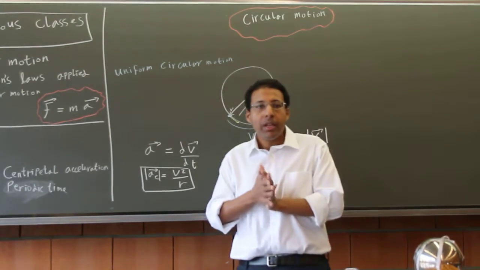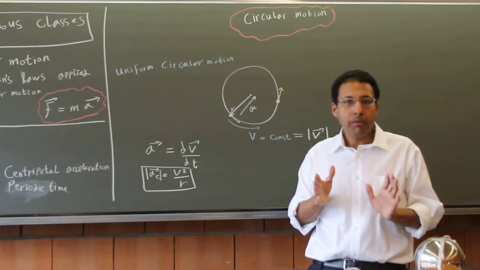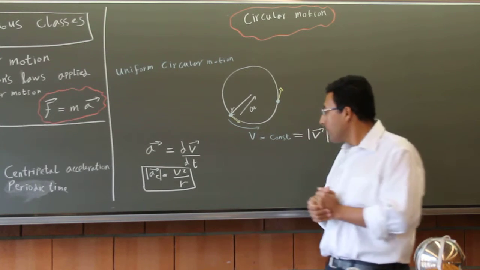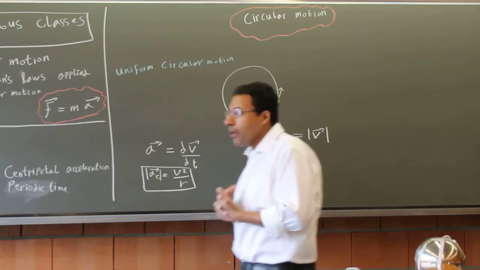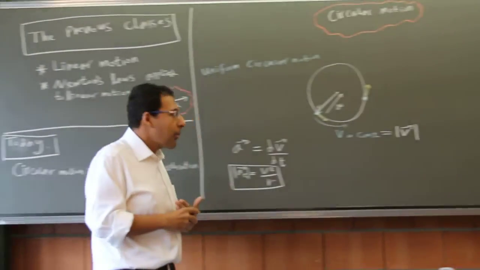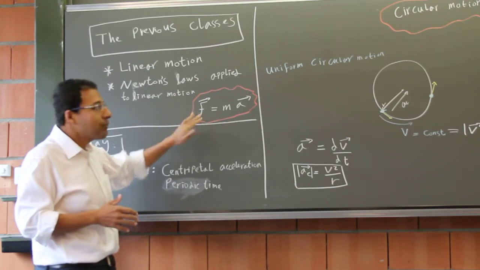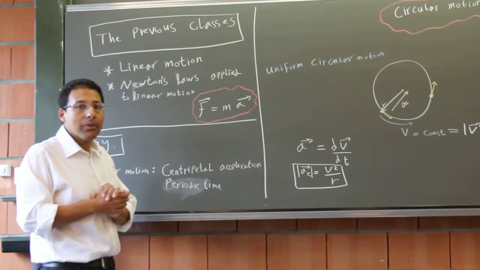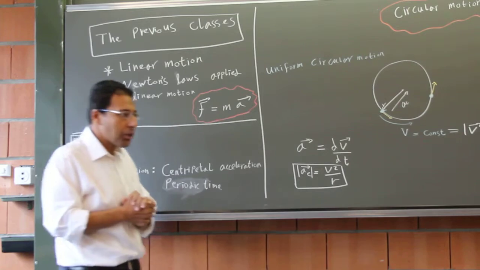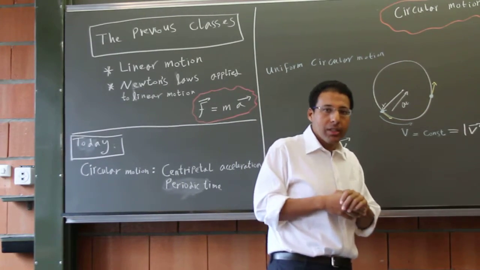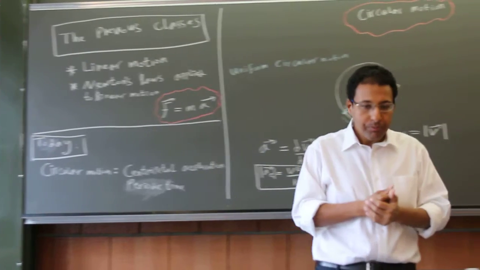Okay? Any questions so far? All right, good. However, we know from Newton's second law that if there is acceleration, there has to be some force that provides this acceleration. So, what kind of force could this be?